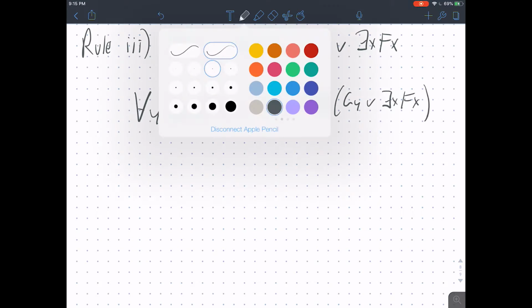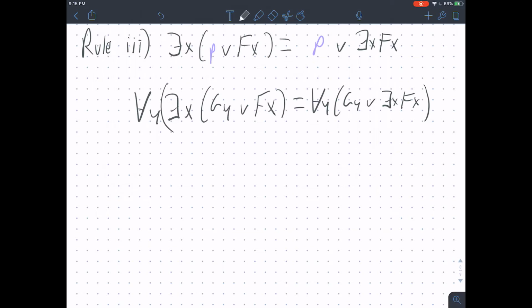And again, I think it helps people to recognize that what I just had is an abbreviation for that. So inside of these parentheses that I just wrote here, we have something that looks exactly like the statement of the rule.